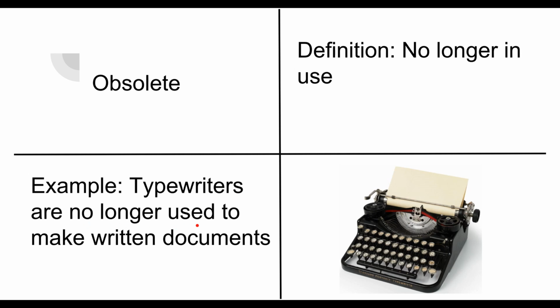Typewriters are no longer used to make written documents, right? We have laptops, we have computers with Microsoft Office or Google Docs or all these different types of electronic things that have so many more benefits that you really don't use the typewriter for its functionality. Now, sure, some people use it with nostalgia, right? Just reminiscing on it, or for the fun of it.